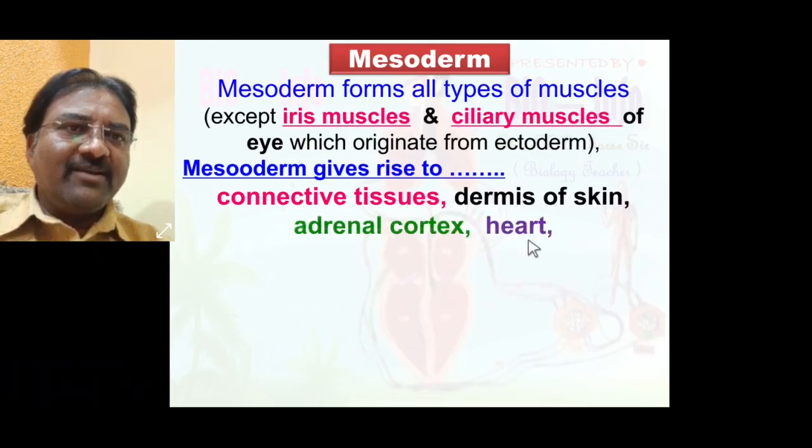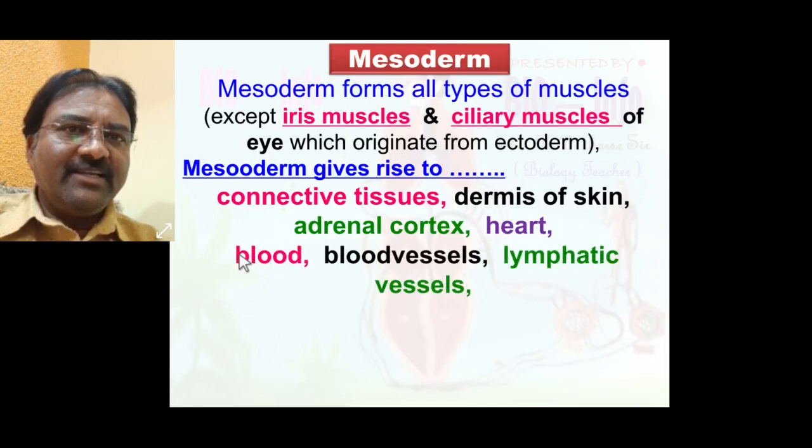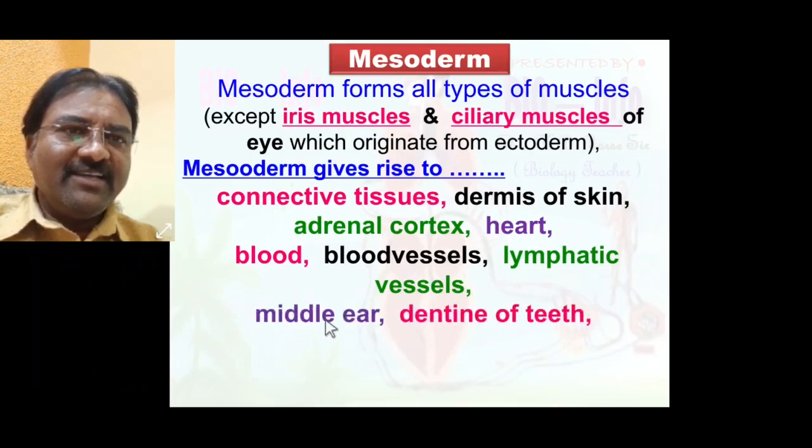also adrenal cortex and heart. You know, the heart is the most important organ, and it is also mesodermal in origin. Blood vessels and lymphatic vessels are also mesodermal in origin. Middle ear and dentine of teeth are also of mesoderm origin.